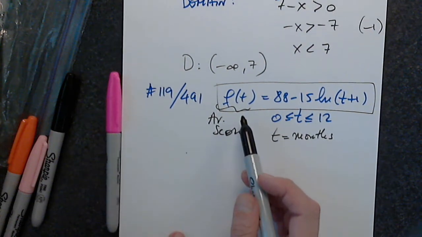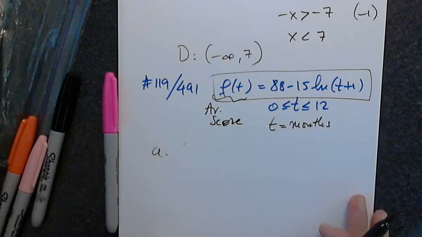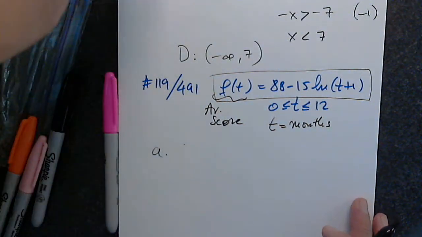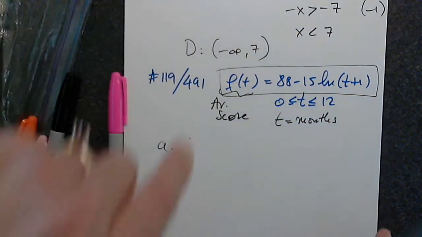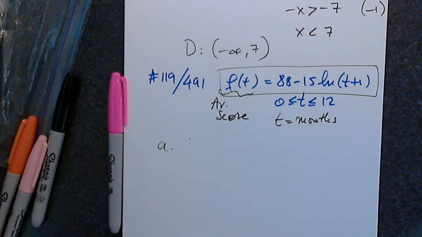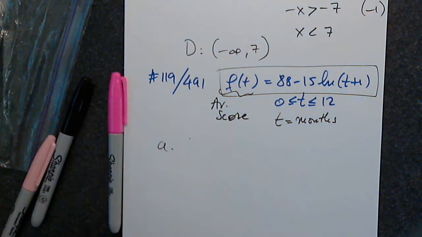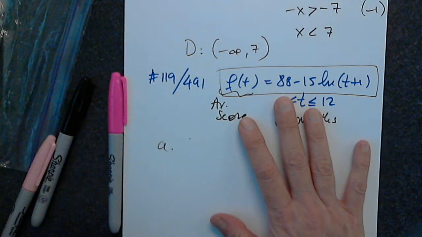Part A. What was the average score on the original exam? When we talk about original or initial, what do we mean by that? What are we trying to determine? This is not a linear function.